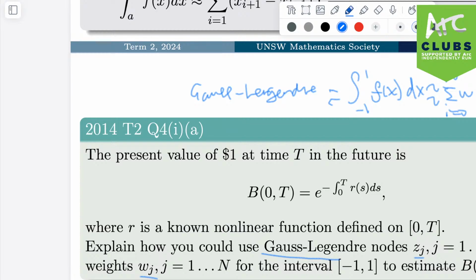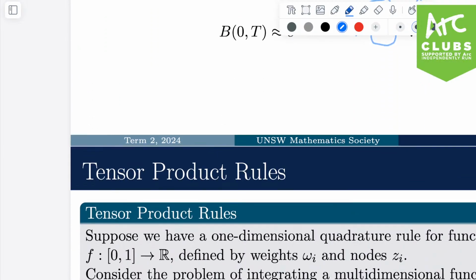And for each ξj, again, you want to make sure that the midpoint of all your ξj is 0. So you can let your ξj be equal to (zj plus 1) over 2. And then we need to multiply that by t, so that our final approximation is for time t, not just from -1 to 1.